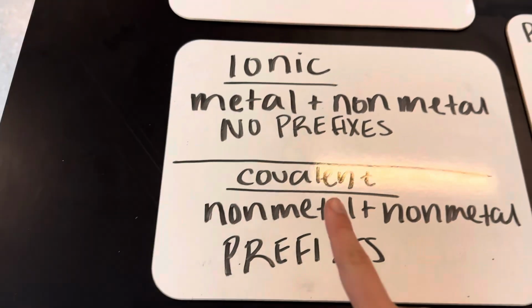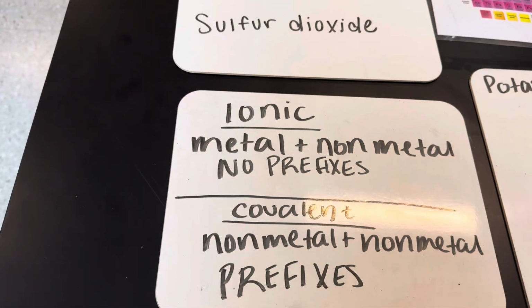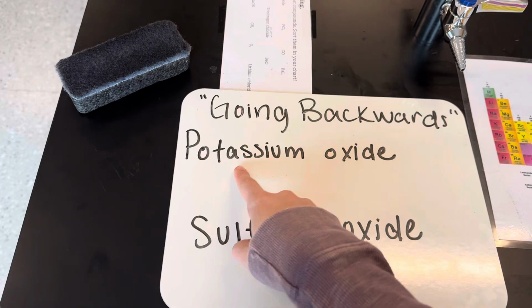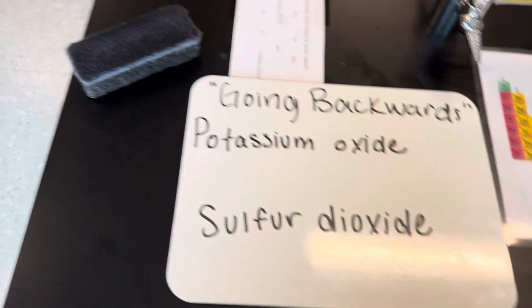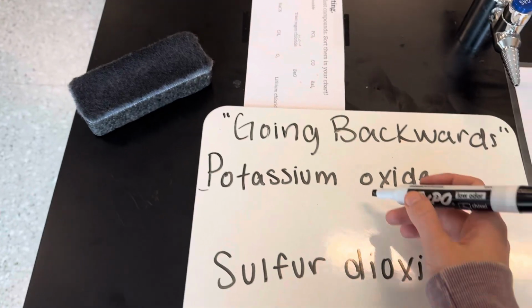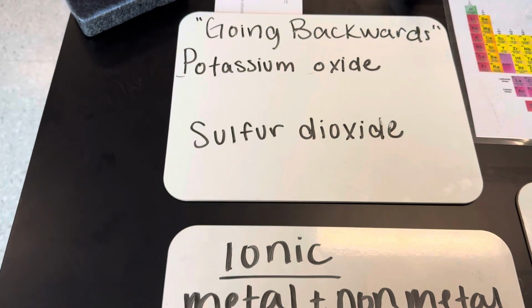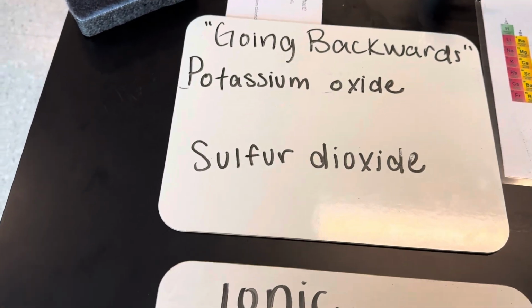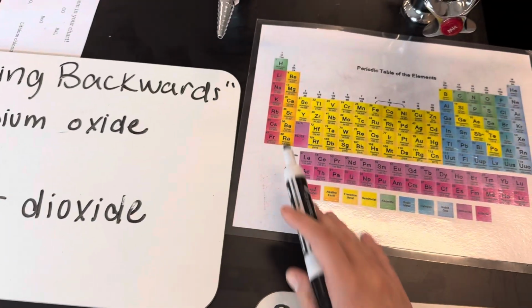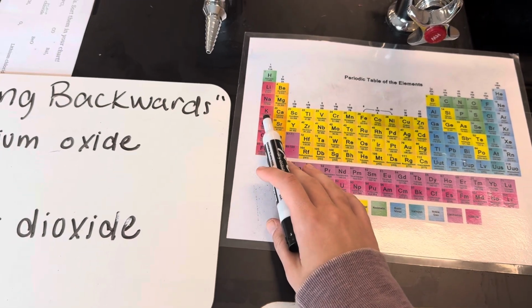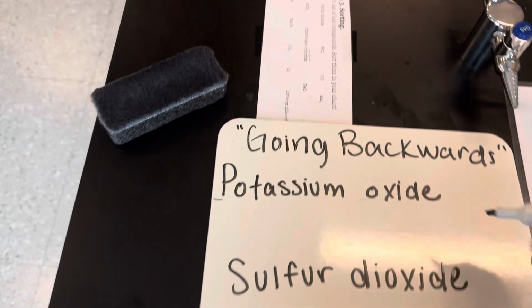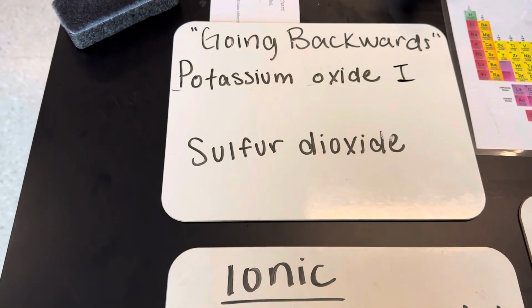The other way you can do this when you have a name is to look at the prefixes, because an ionic compound is never going to have any prefixes. So you'll notice we have nothing in front of potassium, nothing in front of oxide. There's no prefixes there. So this is going to be an ionic compound. I know that because there's no prefixes and because potassium is a metal. So this is an ionic compound. So I'm going to write that down so I can remember it.